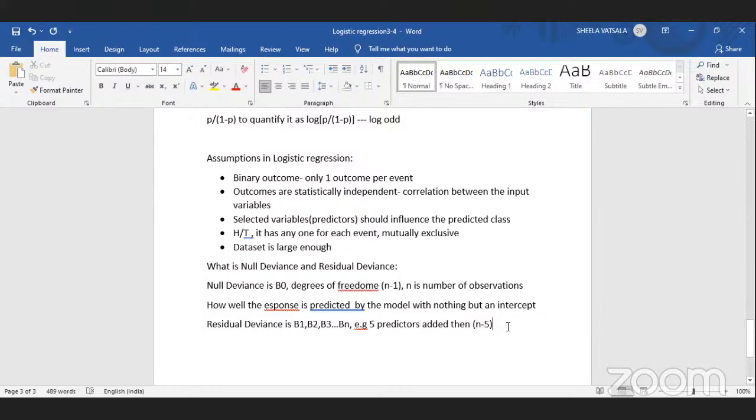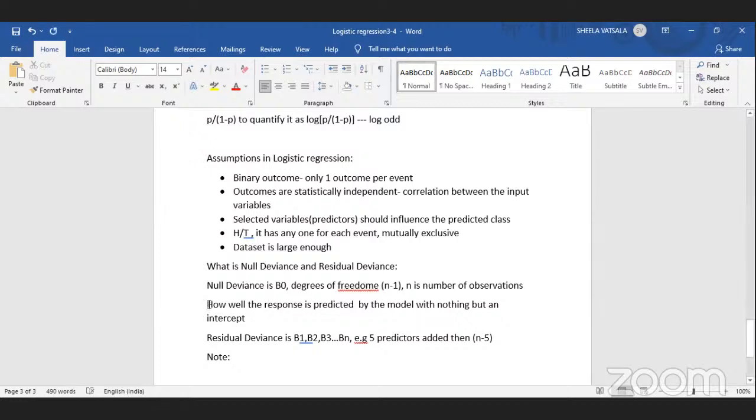So note that this and the predictors are added.